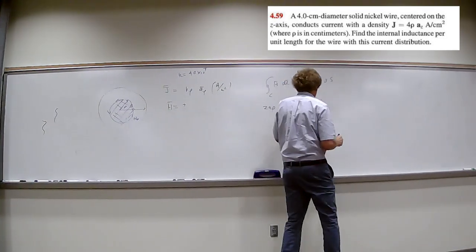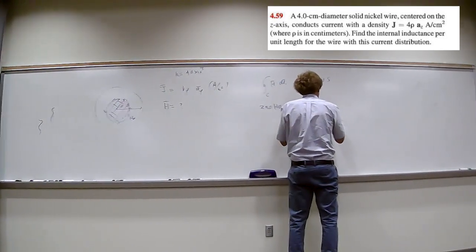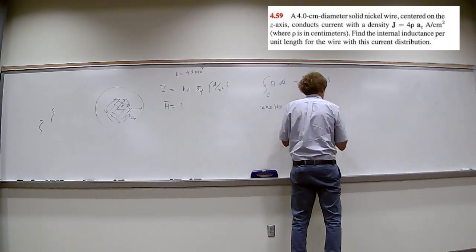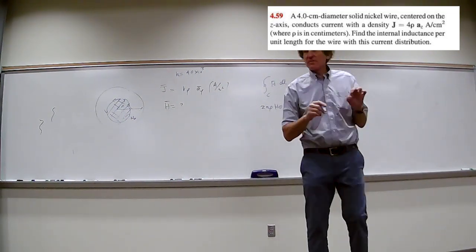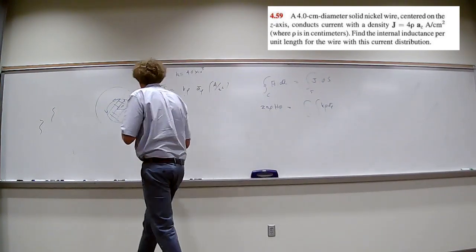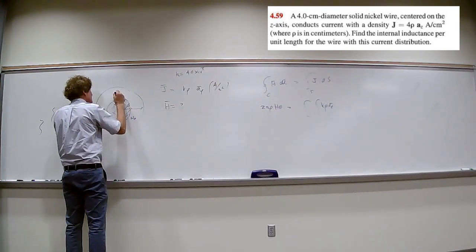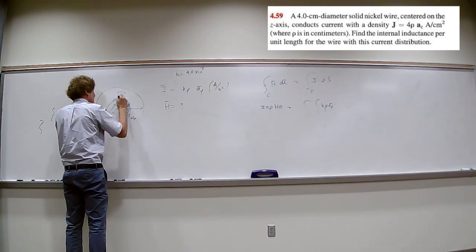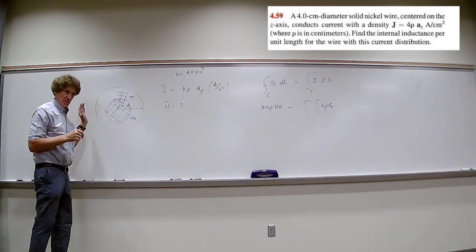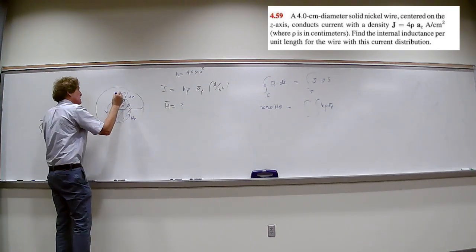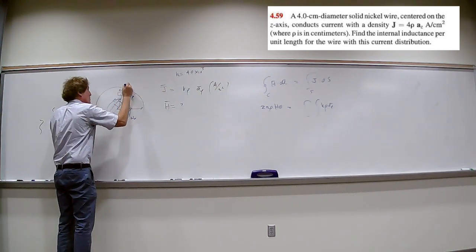So I come over here and I put down first K times rho, a-rho, dotted in with a differential unit of surface. What's the differential surface here, class? In this direction it's d rho, and in this direction it is rho d phi.